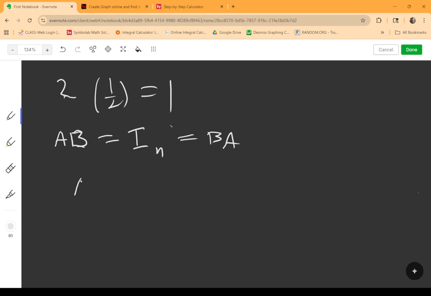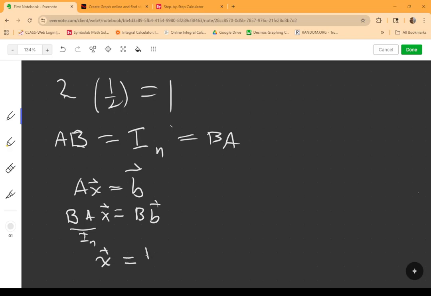Now why would that be useful? Well, if we think of our vector equation formulated in this way, and this matrix B existed, this would give me the identity, and then times the vector x, you would just get the vector x. Now think of how powerful that would be.